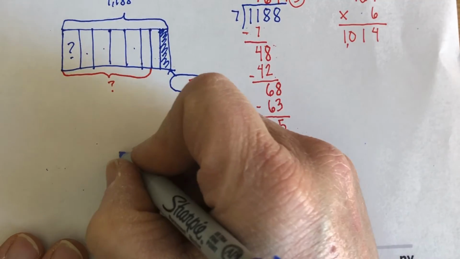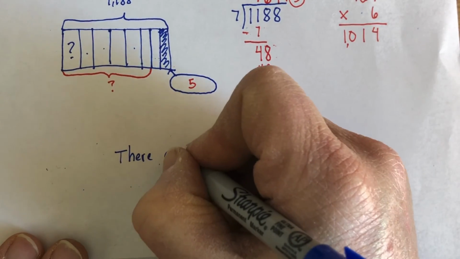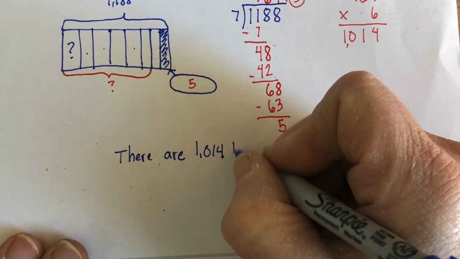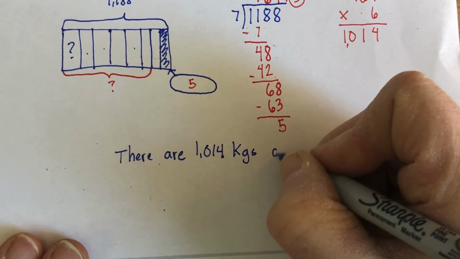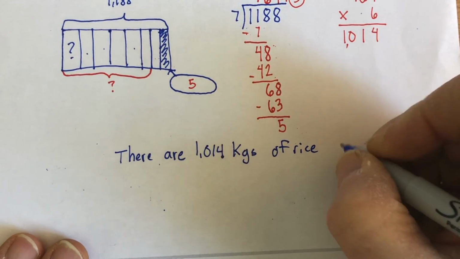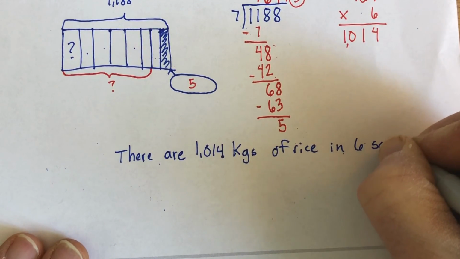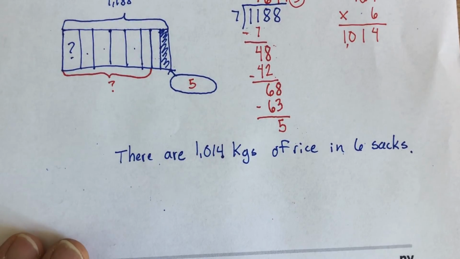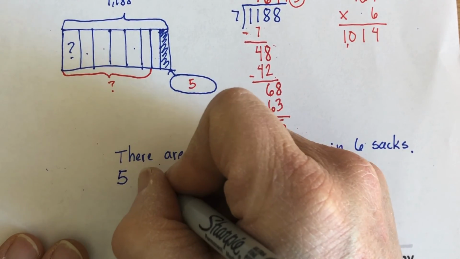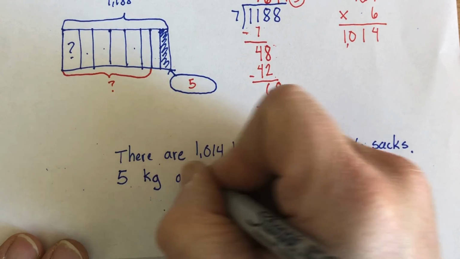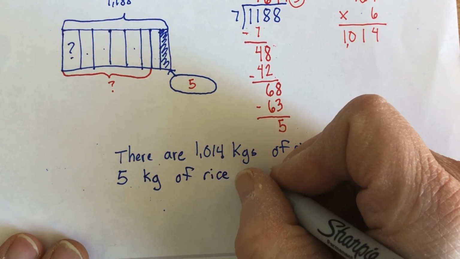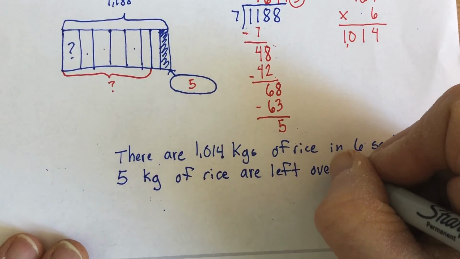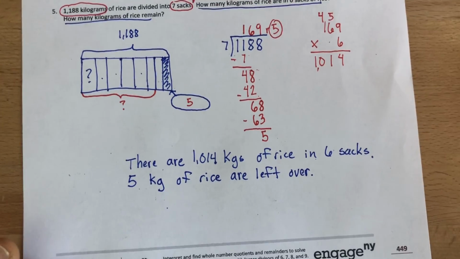So there are 1,014 kilograms of rice in 6 sacks, period. 5 kilograms of rice are left over, period. There it is. Let me zoom out. Good.